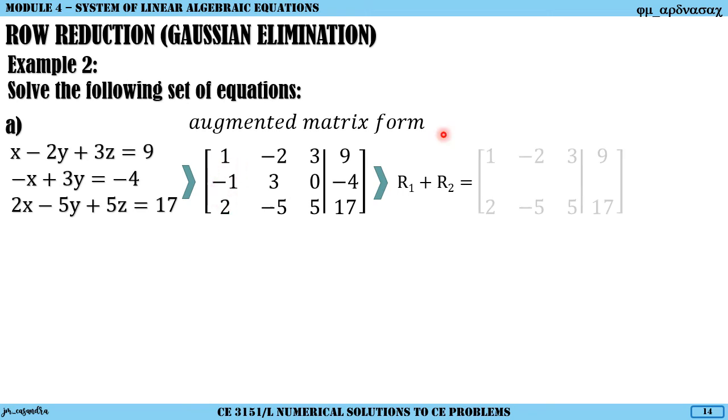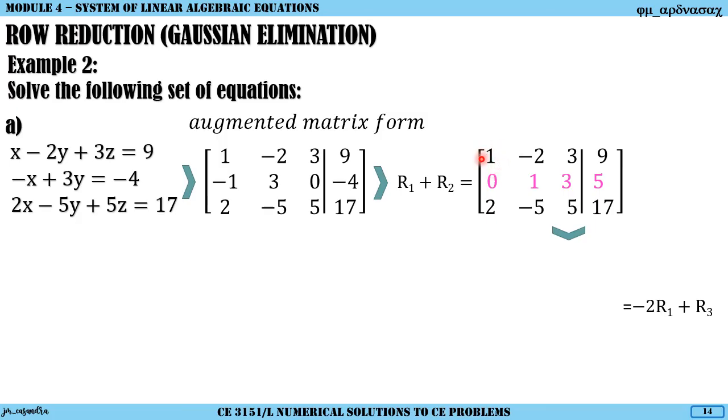So we'll now have 1 plus negative 1 is 0, negative 2 plus 3 is 1, 3 plus 0 is 3, 9 plus negative 4 is 5.